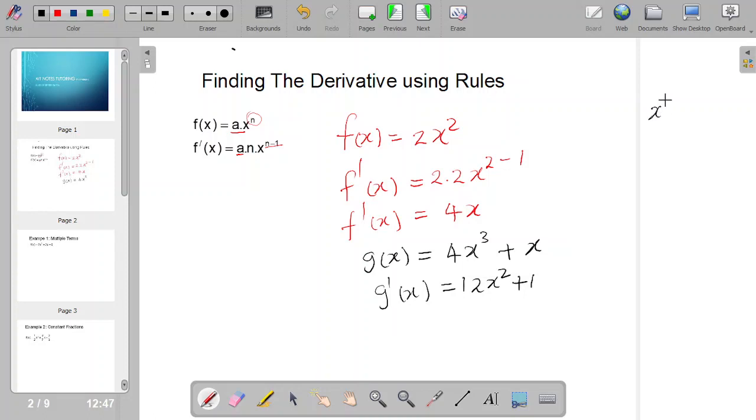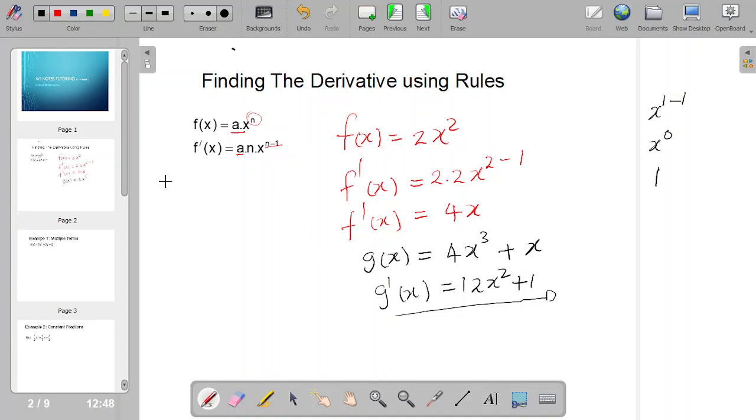So you have x to the power 1 minus 1. So this becomes x to the power 0, and as you can remember, anything raised to power 0 is 1. So you are multiplying, in this case, 1 and 1, which will give you 1. So this ends up being your derivative.